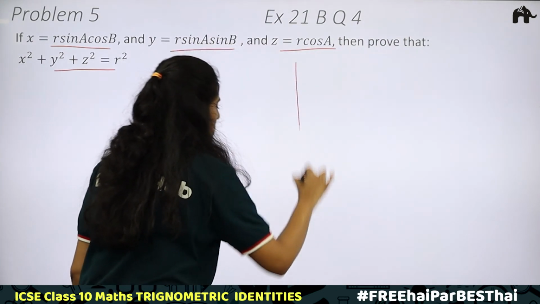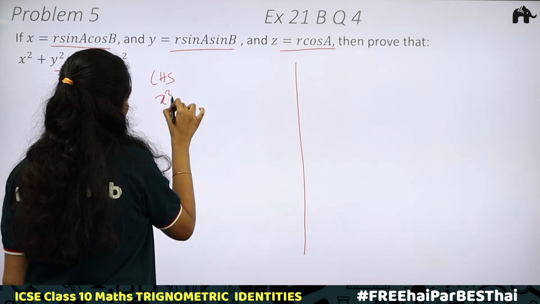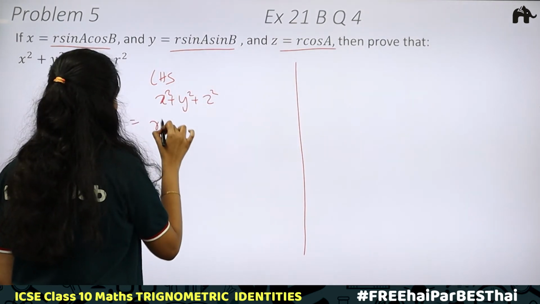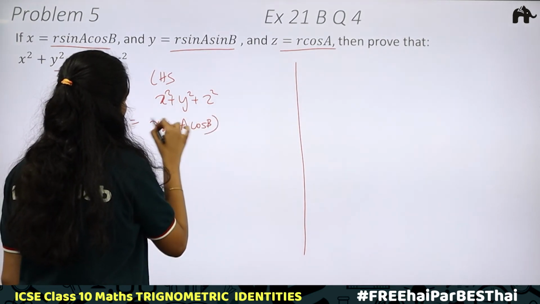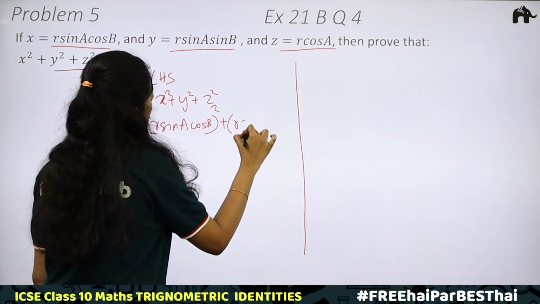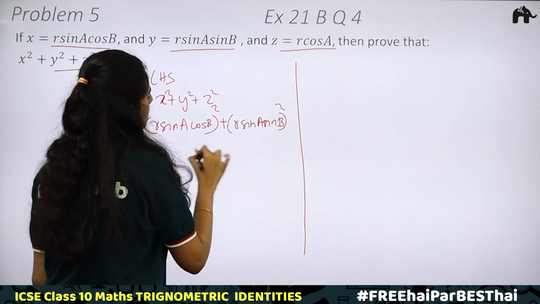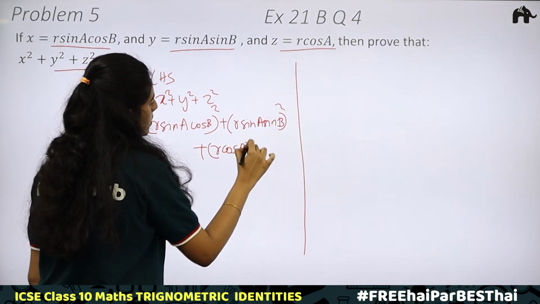What is x square plus y square plus z square? Starting from the LHS, x square plus y square plus z square is equal to (r sin A cos B) whole square plus, next, y square is (r sin A sin B) whole square plus z square is (r cos A) whole square.